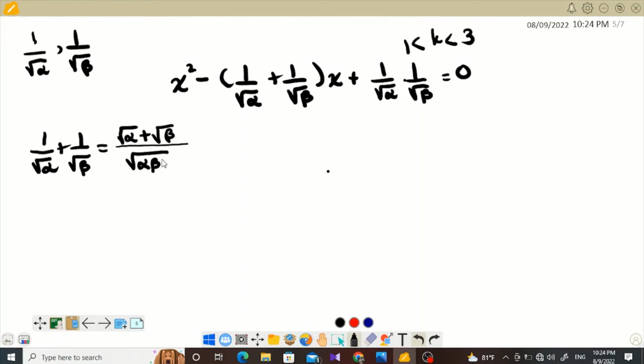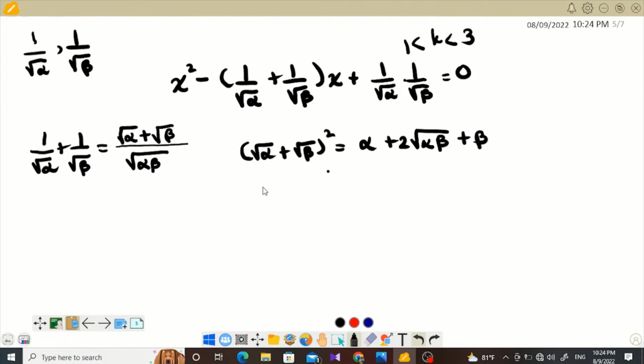So we have to find it. I am going to square that term, root alpha plus root beta, and expand it: alpha plus 2 times root alpha beta plus beta.